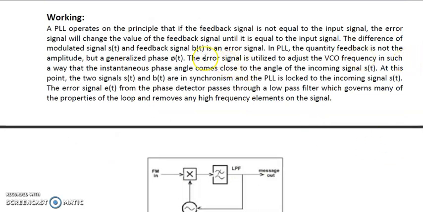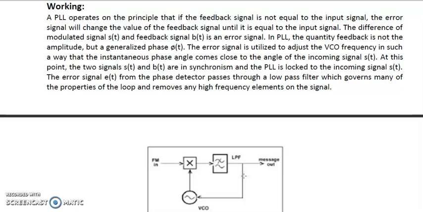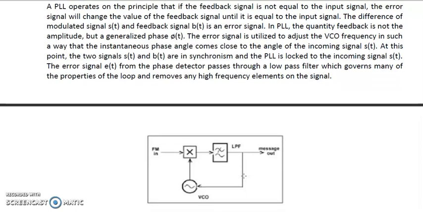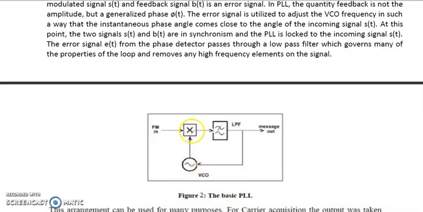We have to understand how it works. PLL, phase locked loop, operates on the principle that if the feedback signal is not equal to the input signal. Now what is the concept of feedback signal? If you watch this diagram clearly, you will see that it is actually a feedback circuit. It is a closed loop diagram.